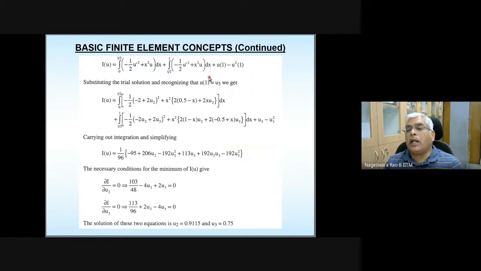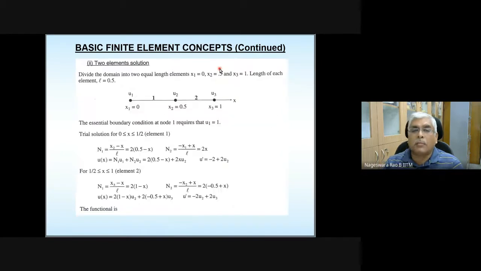If you use the three element solution and number the nodes like this, 1, 2, 3, you are going to have 4 nodes. When you use two elements, you have 3 nodes.